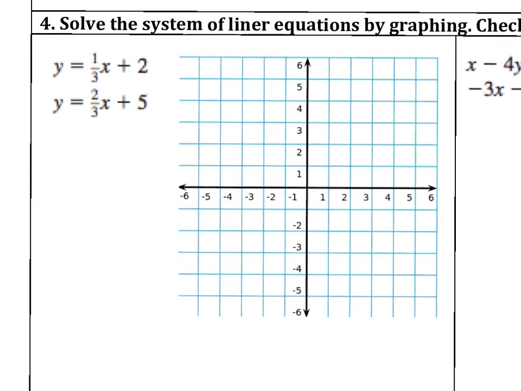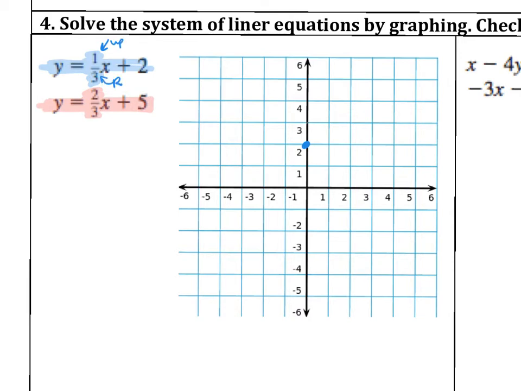Problem number 4, we're going to graph these, and we're happy because they're already both in slope-intercept form. So I've got a blue equation, and I've got a red equation. Here we go. My blue equation, I start off at my y-intercept of positive 2. And I have a slope of 1 over 3, which means up 1 and then right 3.